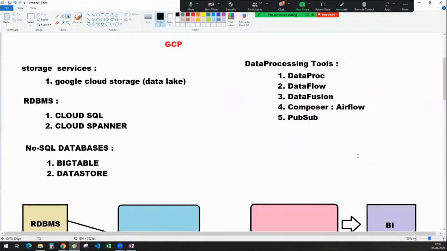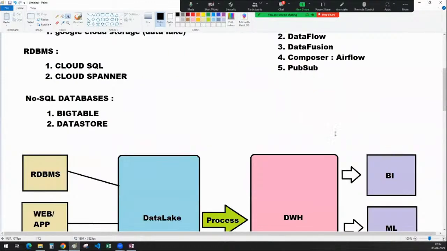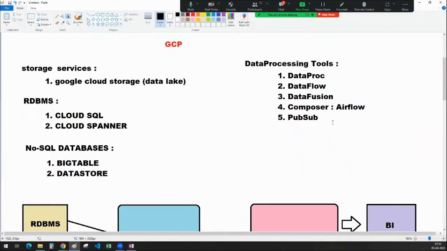You can schedule the pipelines, monitor the pipelines, create the DAGs, and do anything in there. And one more thing, Pub/Sub is a streaming data ingestion tool, where you will be able to create a topic and subscription for each and every application where you want to get data. A message will be pushed to the topic, and via subscription the data will reach the final application. So these are the data processing tools, guys.